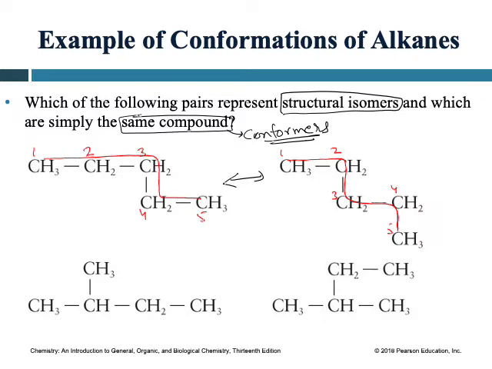Even though the structure looks different, they are not, because the bonds are continuous from 1 to 5, right? But they are conformers. Why? Because if I just move this bond, hold this carbon and move this part downward, you're going to make this CH3, right? So these two are conformers.